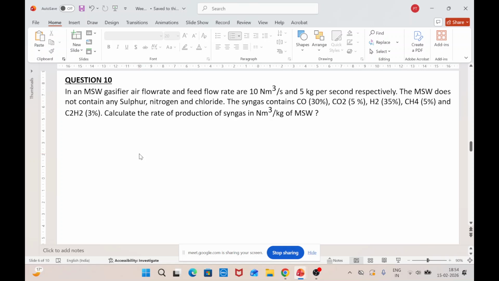This is very similar to the problem that was solved in the tutorial on the gasification lecture. I would say it's exactly the same except that I have changed the numbers.